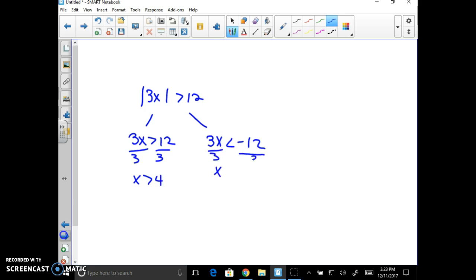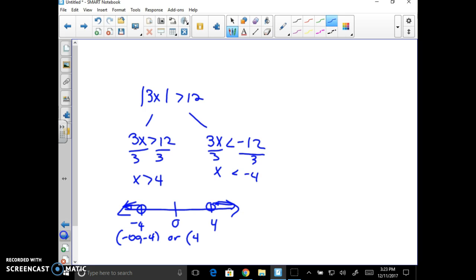X is less than negative 4. That's 0. Let's make this 4, and this is negative 4. So greater than 4 would go this way, right? And less than negative 4 would go this way. So it's kind of like an or, isn't it? So we're going to say negative infinity to negative 4, or 4 to infinity.